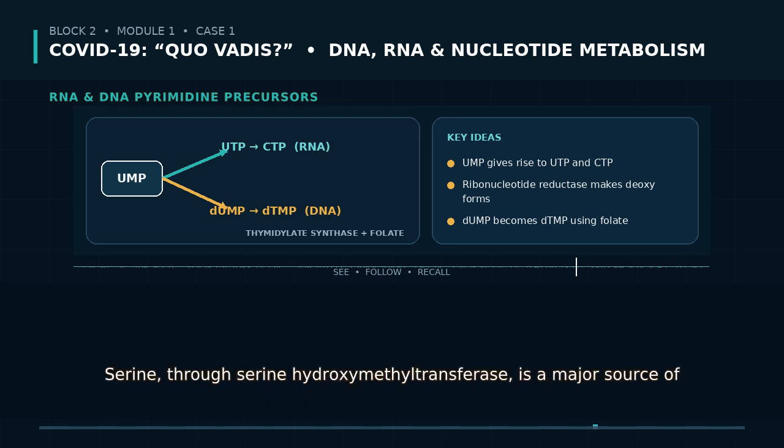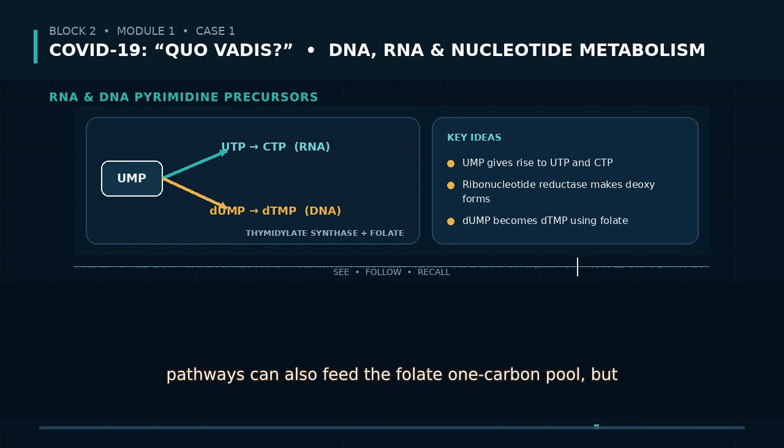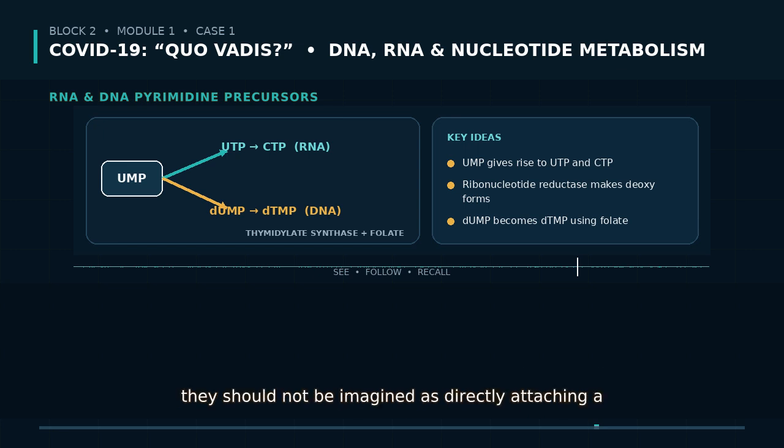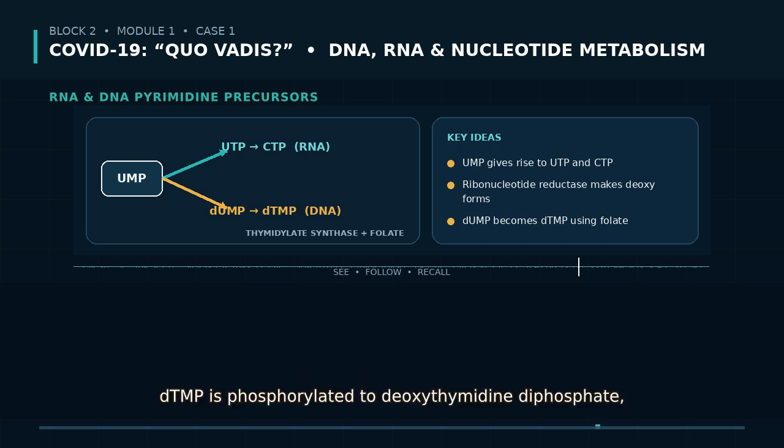The notes specifically state that dTTP inhibits ribonucleotide reductase and dCMP deaminase, while dCTP activates dCMP deaminase. These reciprocal effects help balance the cytosine and thymine deoxynucleotide pools.